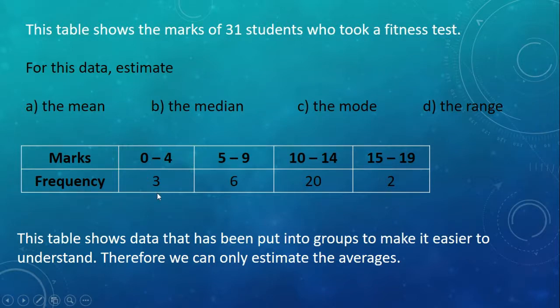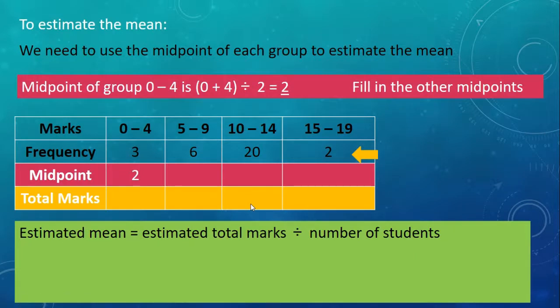Sometimes it's grouped to make it easier to show the data if there's a lot of data. So if we're asked to find the averages using grouped data, we can only give an estimate. We can't give an actual measurement because we don't know how many marks each student in that group got. So we're going to work our way through this example one by one.